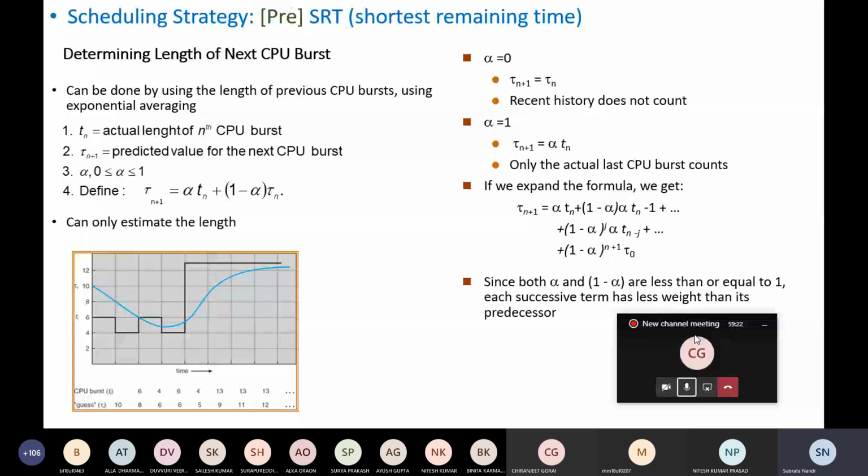When the process was scheduled, how long it used the CPU voluntarily will give us a guess. And in case of IO bound jobs, with these short CPU bursts, if we can store that series of burst times, we can predict the next CPU time that is required by the process.